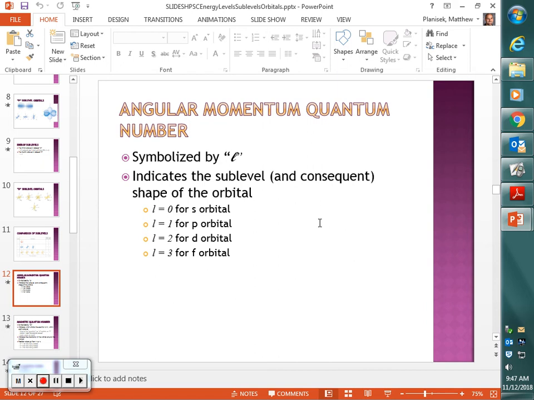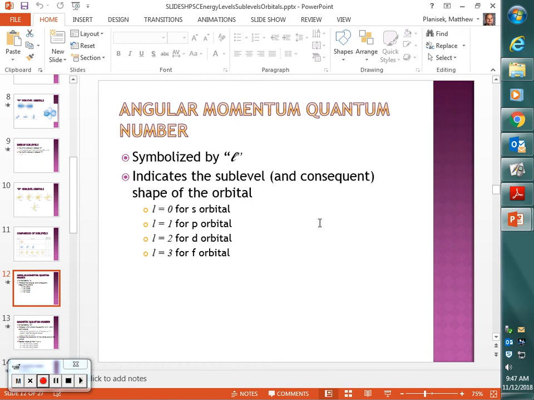Okay. Next ones are d orbitals. D orbitals are what? Dragonflies. I don't know if that's actually why they're d orbitals, but we were referring to them sort of as our dragonflies, or if you want to look at them as butterflies.